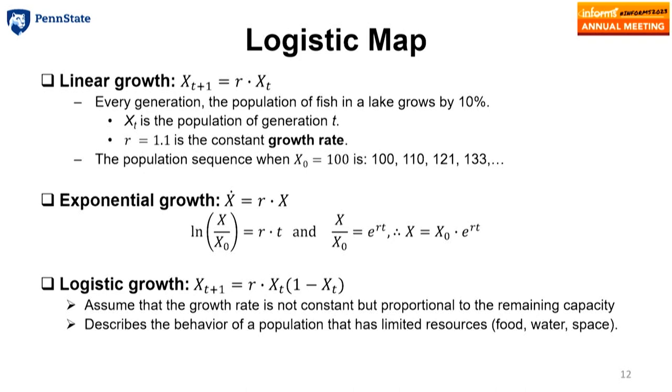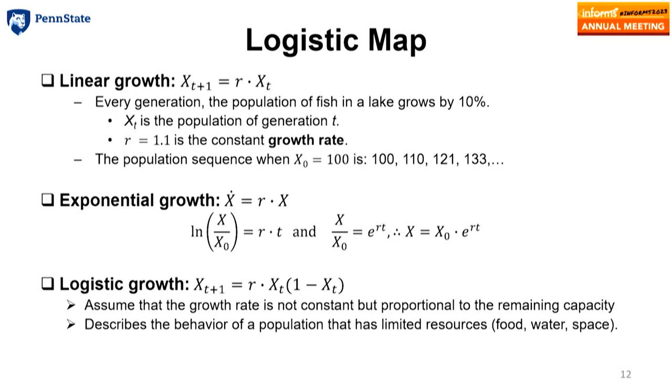If we are given the initial population x0 of 100, then we have population 100, and the next generations are 110, 121. So this can be solved. We can also see that exponential growth is also linear, and we can solve it analytically.